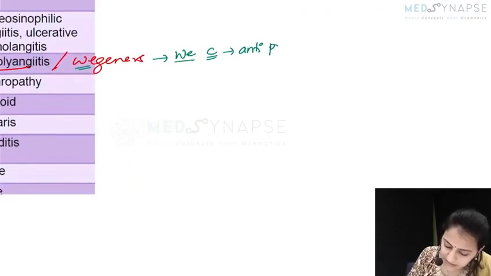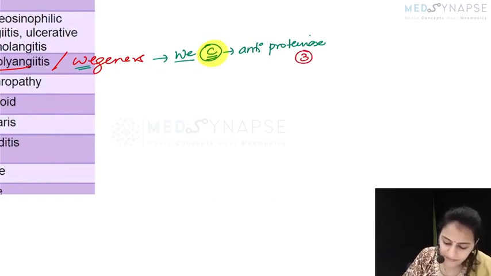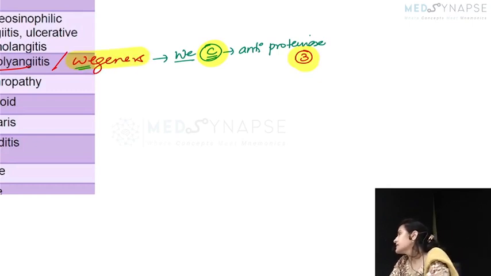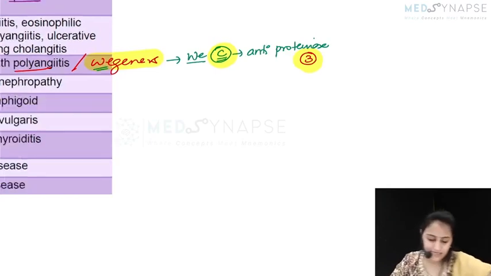So remember, this is anti-proteinase. C is the third alphabet, so this is anti-proteinase 3. This is C3. Wegener's, WC, that is C-ANCA.